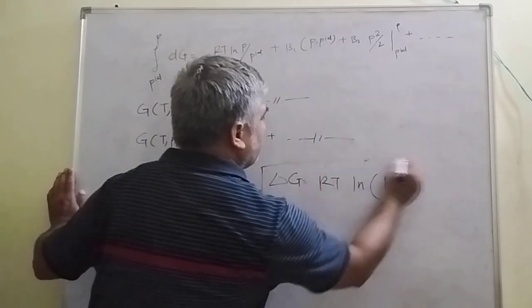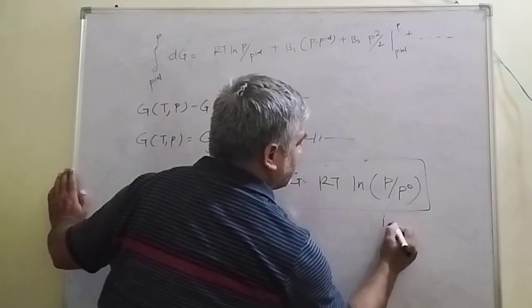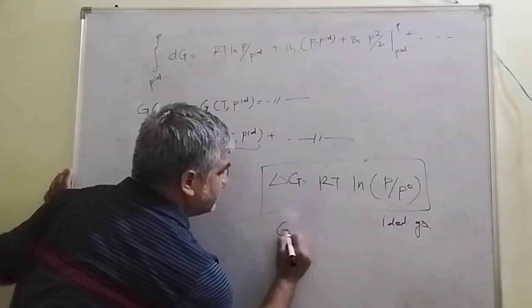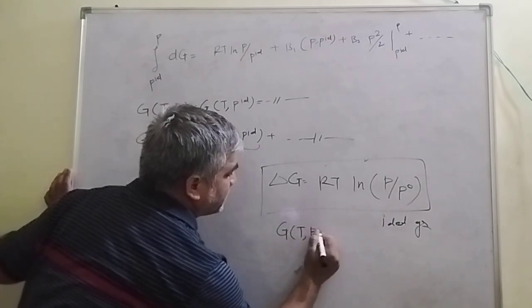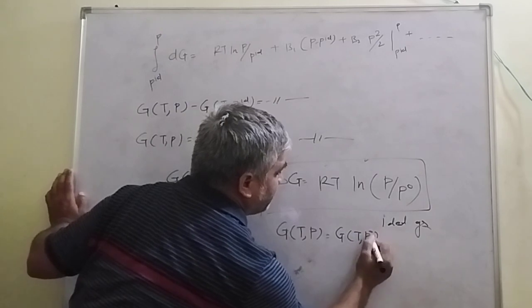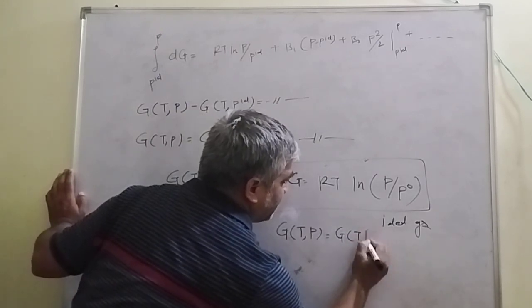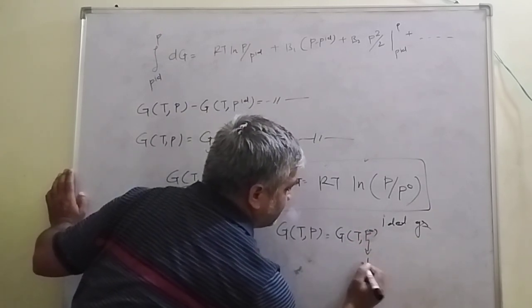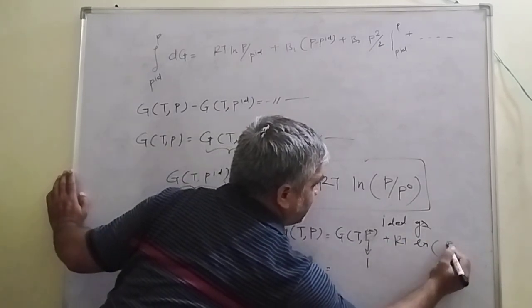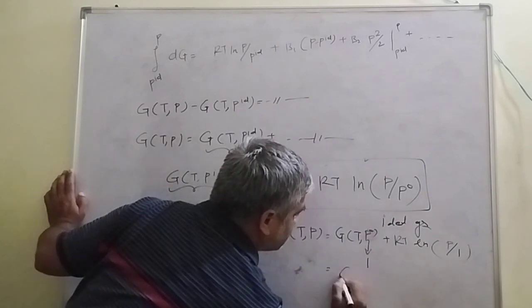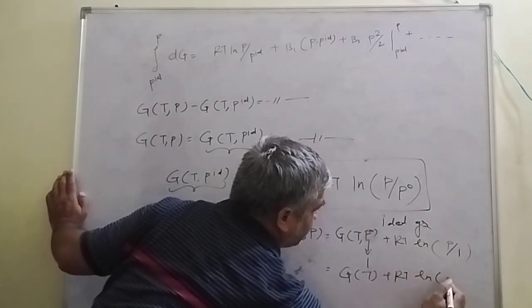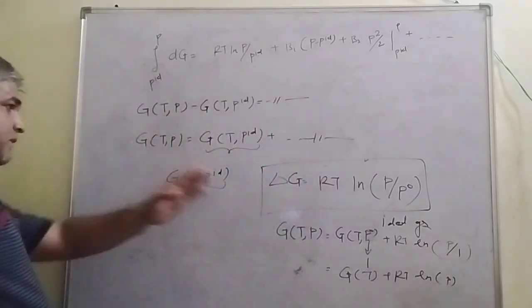This formula is applicable for ideal gas. I can write G at a given temperature and pressure equal to G at the given temperature and P naught, where I can take P naught as 1, plus RT ln of P by 1, that is G naught at a given temperature plus RT ln of P. Same thing for the ideal case.